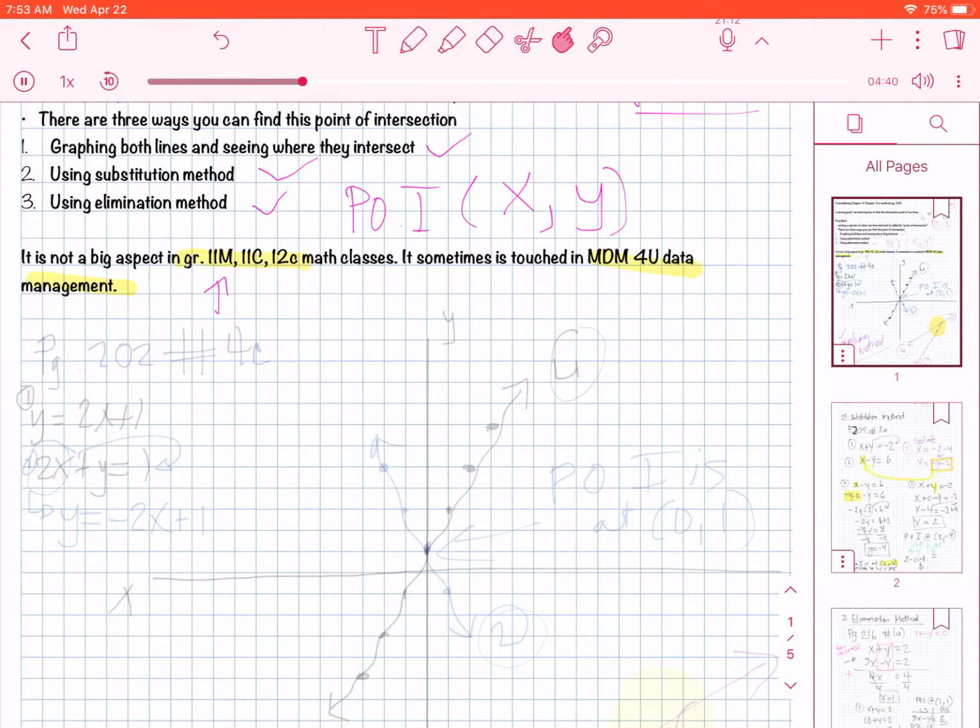For this, I'm going to reference a couple of points in your textbook, page 202, number 4C. I'm going to do one of each type. I'll do one question where you're graphing and seeing where they intersect, one where you use the substitution method, and then one where you use the elimination method.